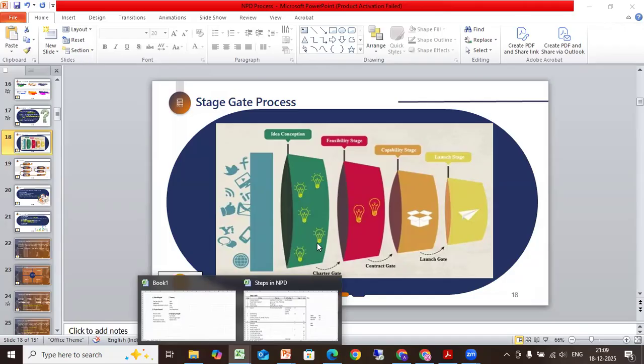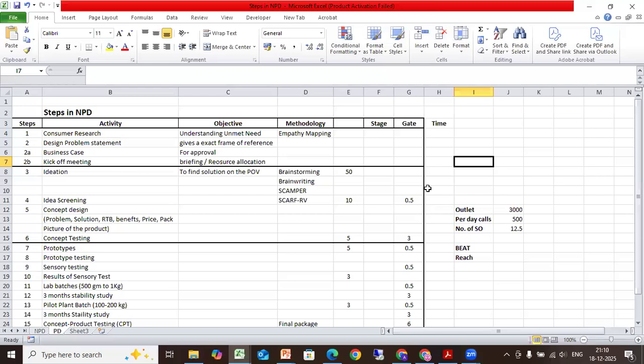So you cross the charter gate when your idea is properly conceived. There is a kickoff meeting here, then ideation. You start with the kickoff meeting. Why kickoff meeting? You have all the basic consumer research done, you have designed the problem statement, and you start the ideation.